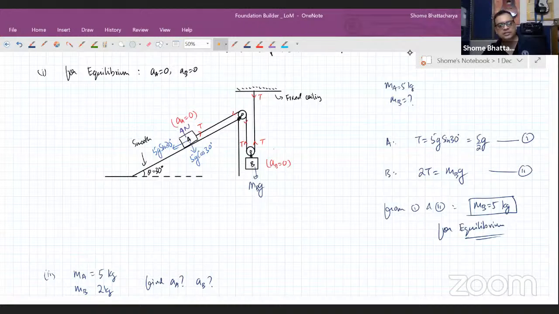Okay, Kunj, what are the directions of the accelerations? Which one is going up and which one is coming down? Yes, that's correct.